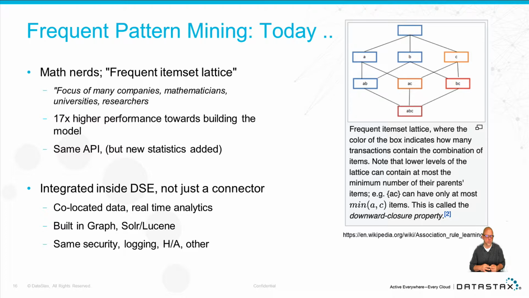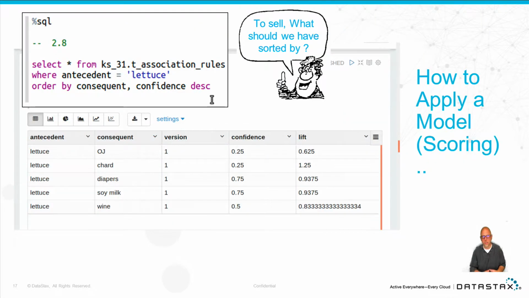And if you're running a bunch of machine learning, you would care. And then all of this is integrated within DataStax Enterprise. So if you had just upgraded your DataStax Enterprise, you would have got this faster algorithm. It would have been 17 times faster. Fully integrated within DSE, so all of this can use the indexes from Solr, Lucene, and so on. So same logging, same security, same HA.